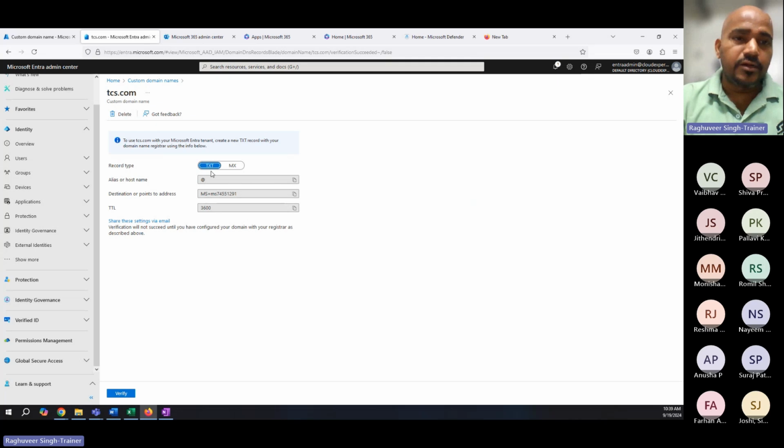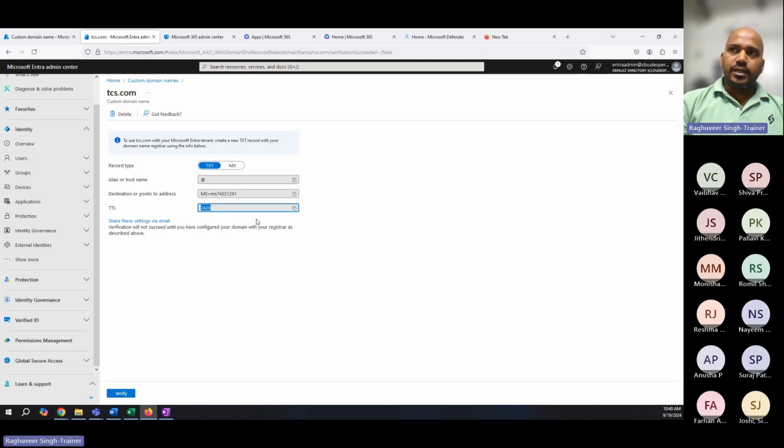We have multiple records; these are internet terminologies. Records basically help you identify a resource over the internet. So create this record, a TXT record with this alias pointing to this address, which has a TTL of 3600 seconds, equivalent to 1 hour. Create this information at your DNS and come back.